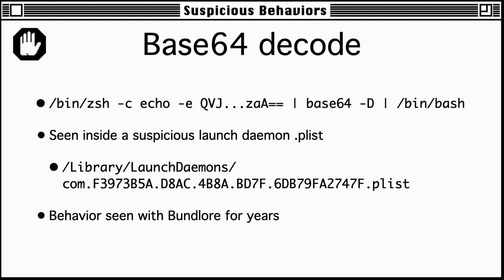And this was seen inside of a launch agent plist file, or a launch daemon plist file, with a very weird, suspicious name. So you see that sort of thing, that's absolutely 100% malware. This is something that we've been seeing in the Mac security community for, I said years in the slide, probably at least a decade, from the Bundlore adware.